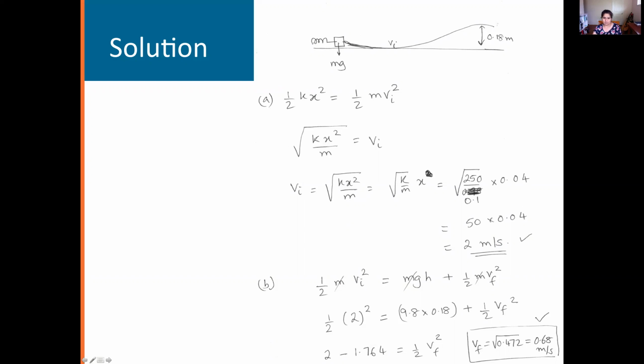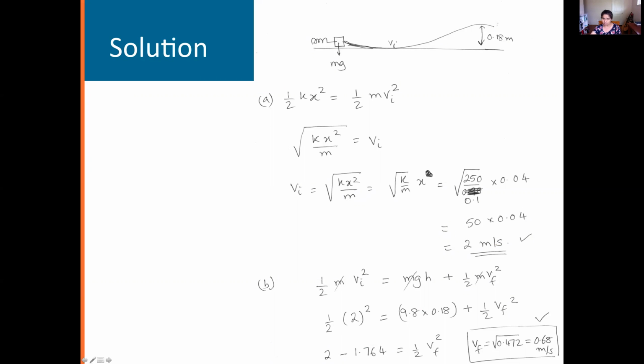We're going to insert this value. The initial kinetic energy of the car equals initial total energy equals final total energy, mgh plus 1/2 m v_f squared. The m's cancel out. We're going to insert the values here now. Quite self-explanatory. We're going to solve for v_f squared, and it'll come out to be 0.68 meters per second.